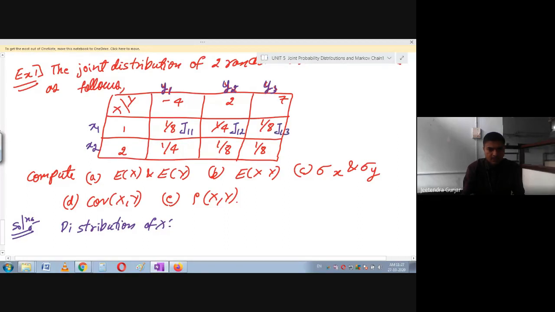You have to keep in your mind how it is distributed. So it is j21, and here it is j22, and this is j23. Okay, now they have told us the distribution of x. How it is distributed, I have already told you, that if you just calculate, the distribution will be given.